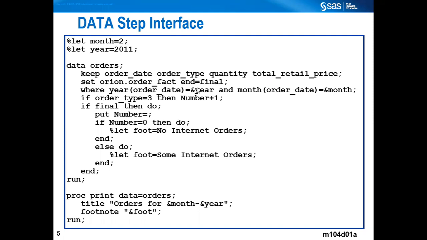Now you know very well that when you write the end equal to data set option in front of the input data set, you can create a temporary variable whose value is a Boolean expression, true when it is the last row of your data set being processed. So if order_fact has 20 rows, and the current processing is the 20th row, this final value will be 1, else it will be 0.